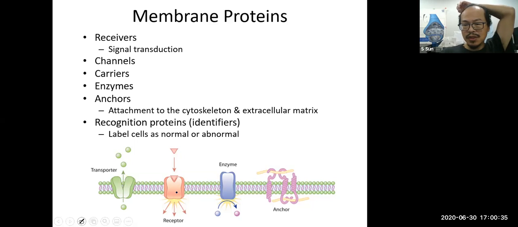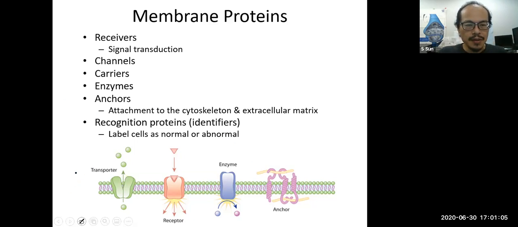This one is a protein enzyme that can convert, say, sucrose to glucose and fructose. It can also act as an anchor, to anchor, say, the extracellular matrix, like collagen, or the intracellular cytoskeleton. Or it can be the channel.